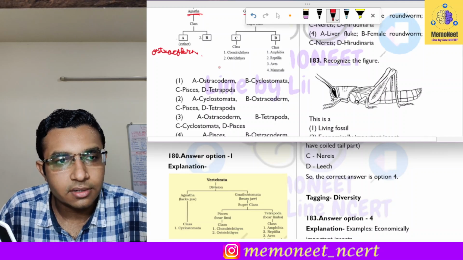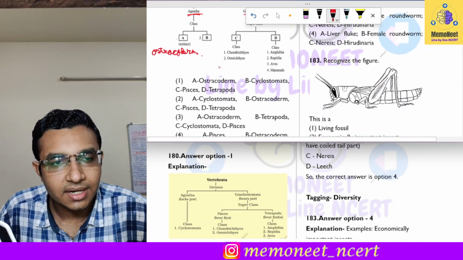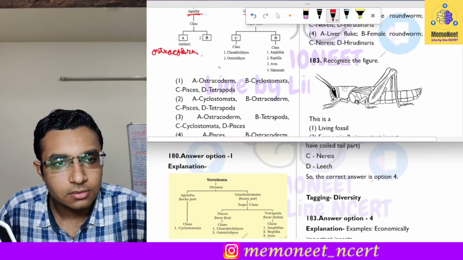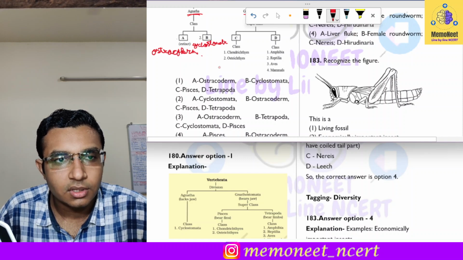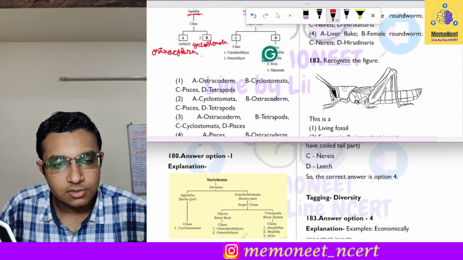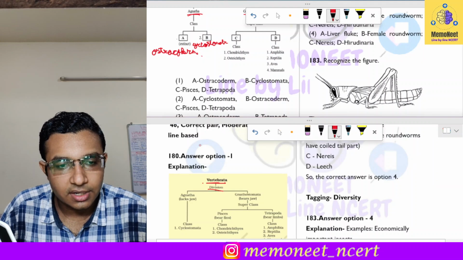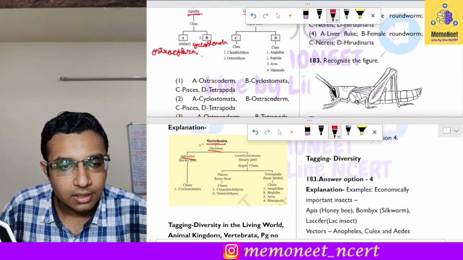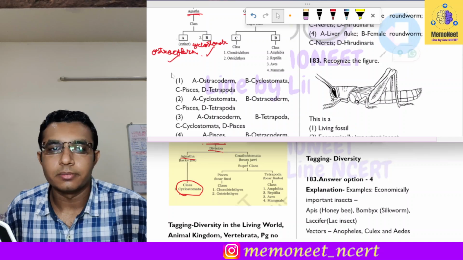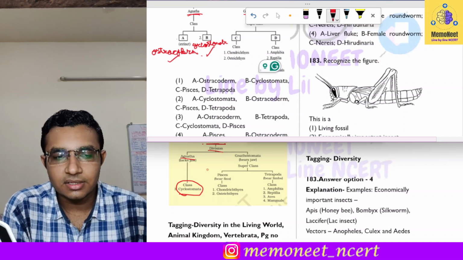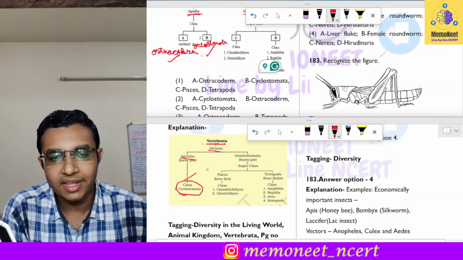This ostracoderm is extinct and the second class is the cyclostomata. Okay, so as you can see in this flowchart, which is from NCERT, the agnatha contains cyclostomata, but actually it contains ostracoderm and cyclostomata, but since ostracoderm is extinct, therefore in this it is written only cyclostomata.